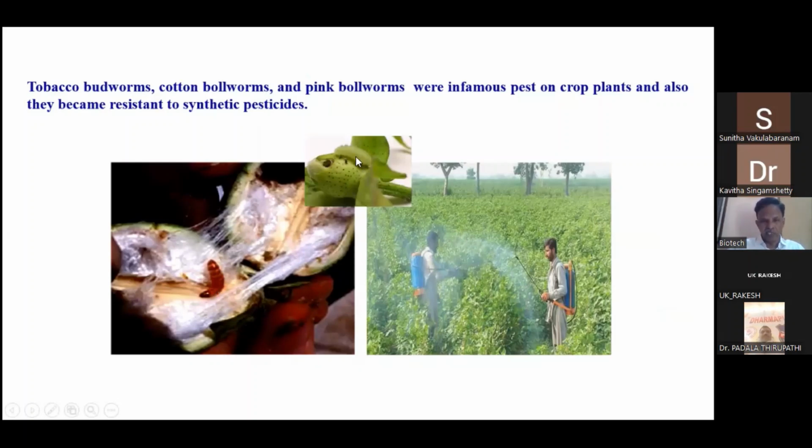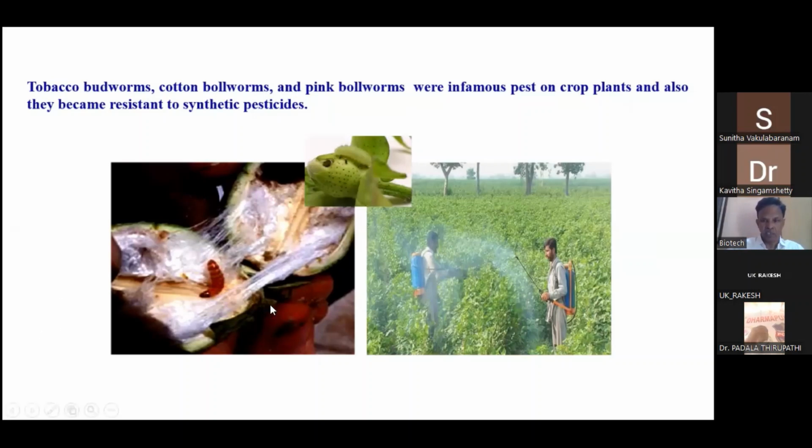One intelligent thing that these larvae do is during daytime they are buried in the soil. They come out only during night time, and the farmer sprays the pesticide during daytime and he is sleeping during night time. So when the farmer is sleeping, the larvae come out of the soil and make this bore, and the boll is lost.